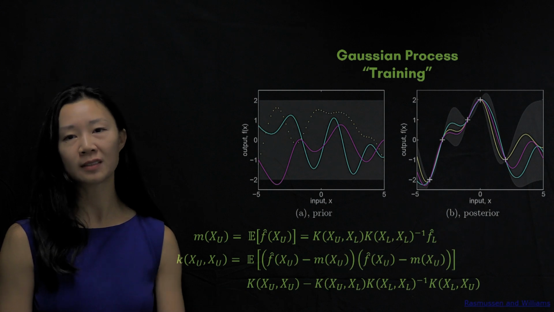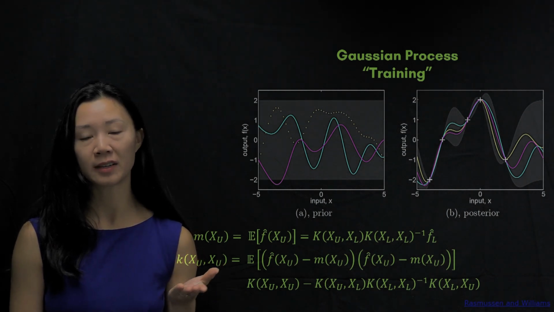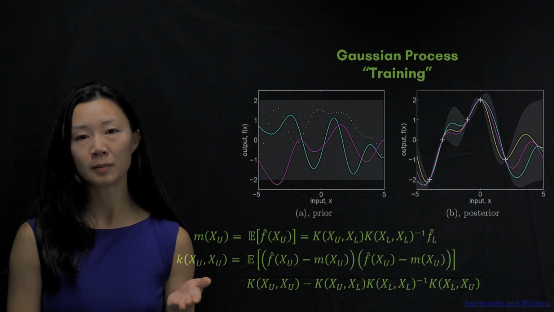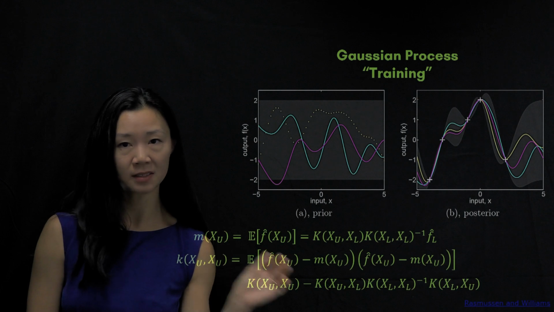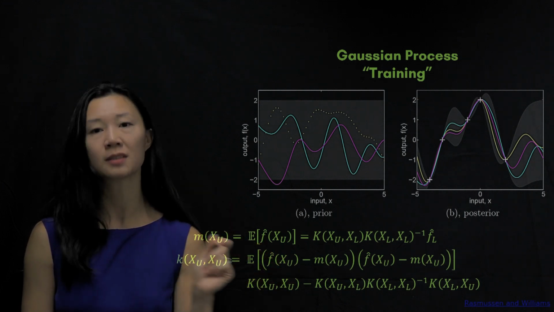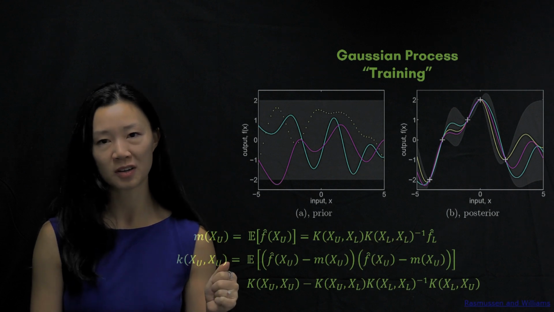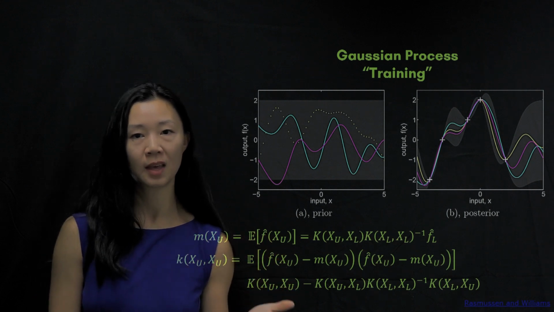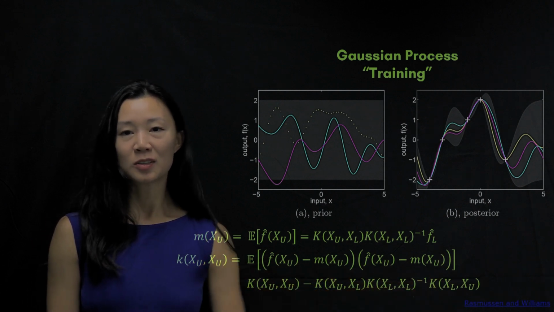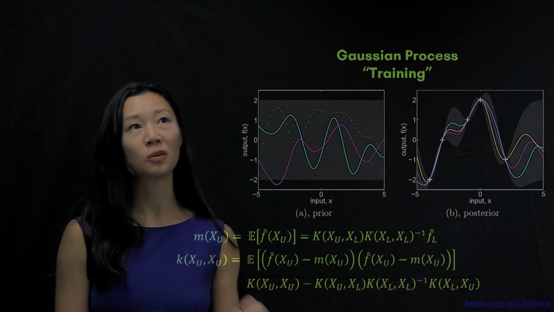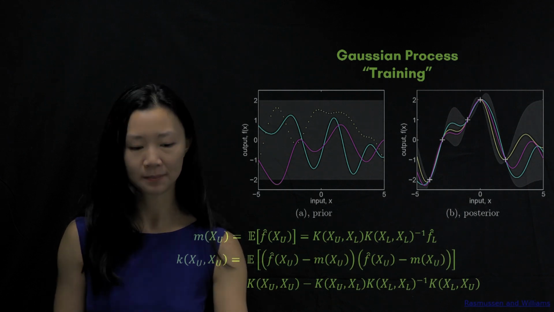And your covariance, in this case we are looking at the variance, so the covariance at your unlabeled test data relative to the unlabeled test data is just the variance across each test point, is going to be the expected value of the variance between the function approximation at that point and the mean function. And again, nice on the eyes. So these are the equations that you would need to encode into your algorithm if you were to implement a Gaussian process.